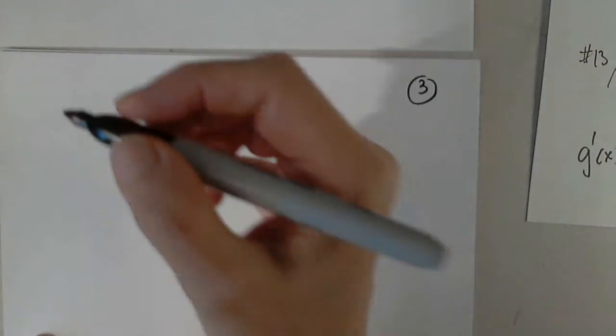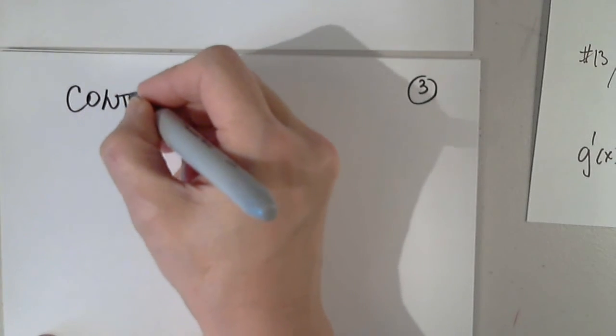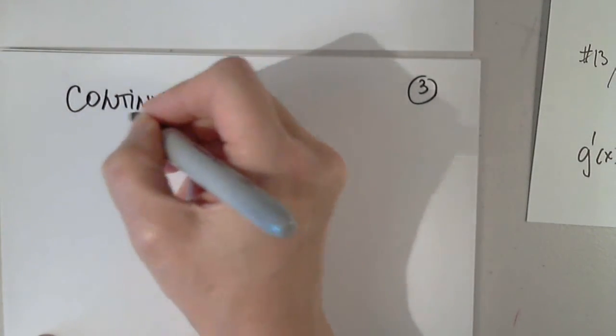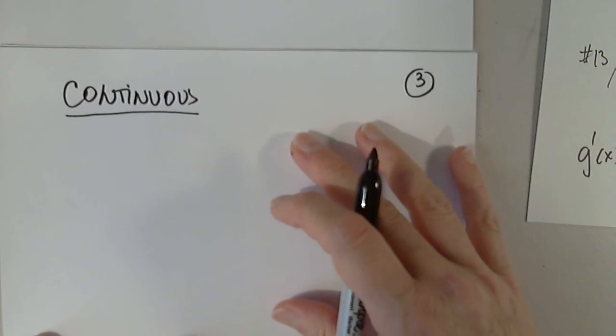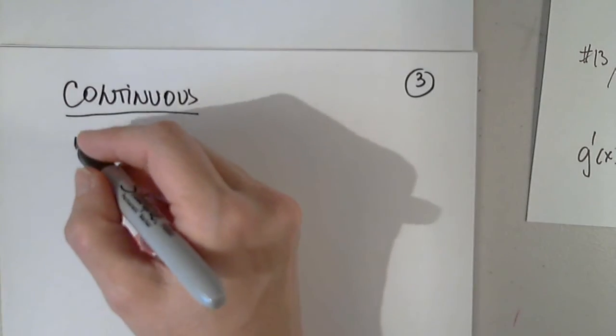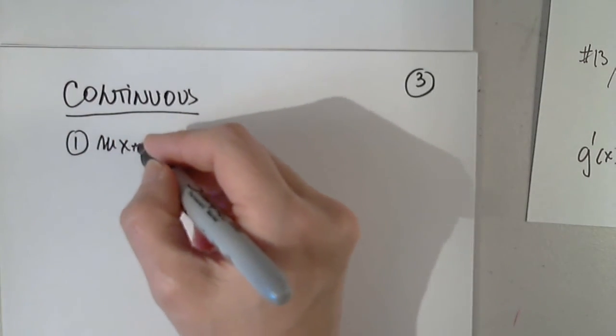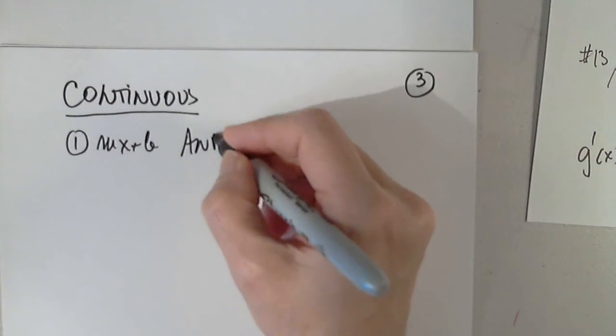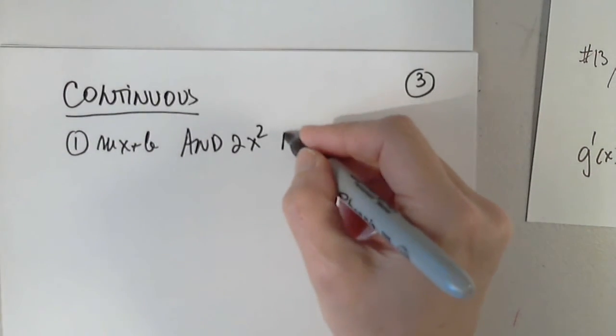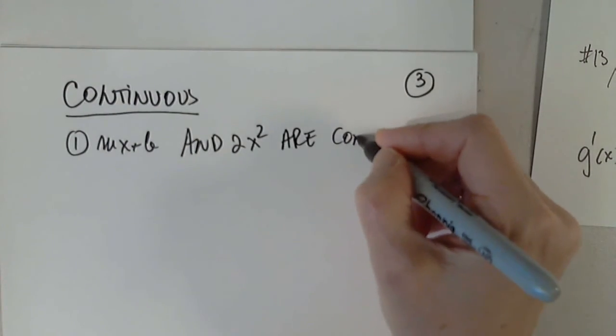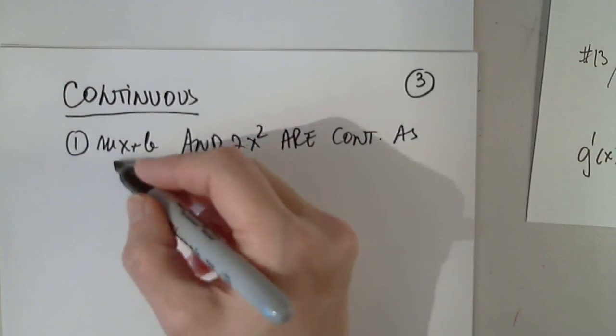So my first thought is this. I have a function. The function is a piecewise defined function. If the function is not continuous, it will never be differentiable. So first I have to write that mx plus b and 2x squared are continuous as polynomial functions.